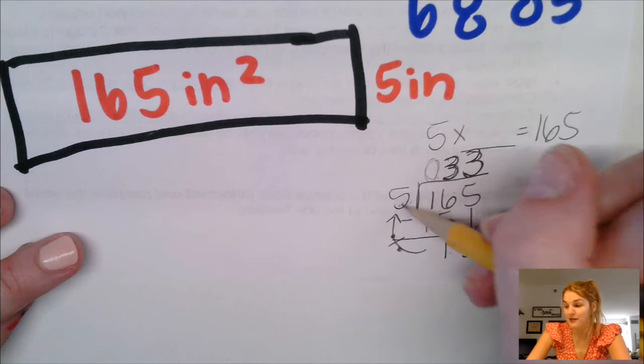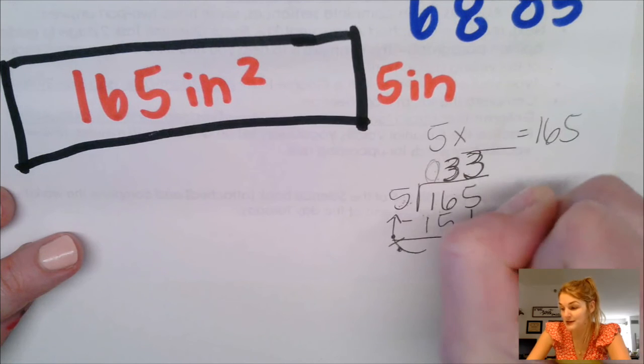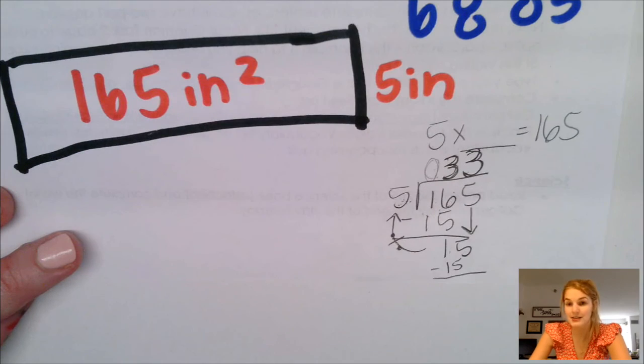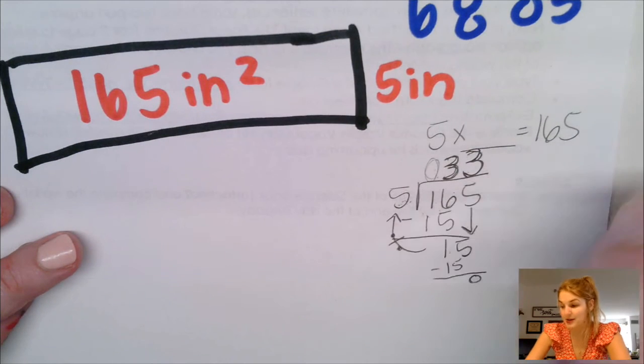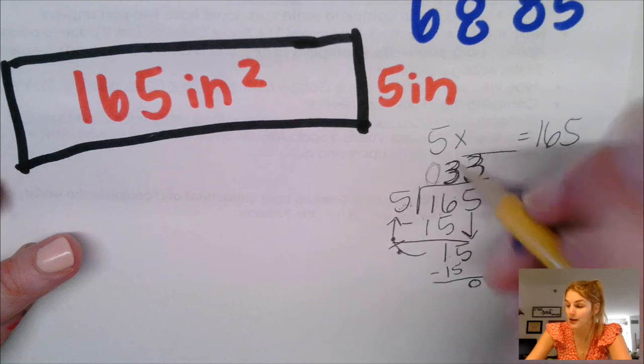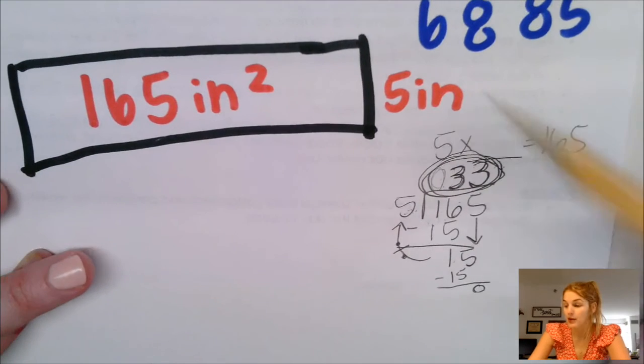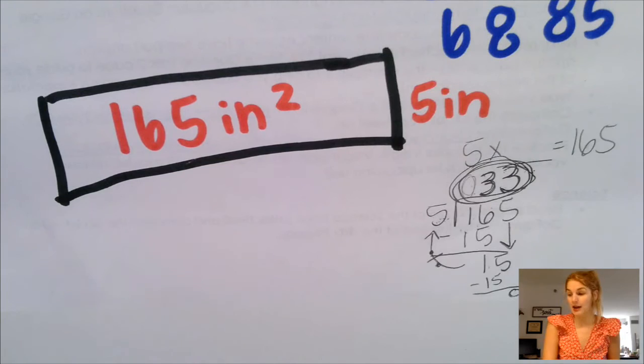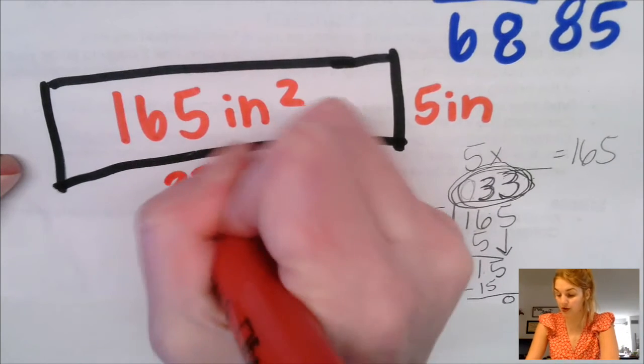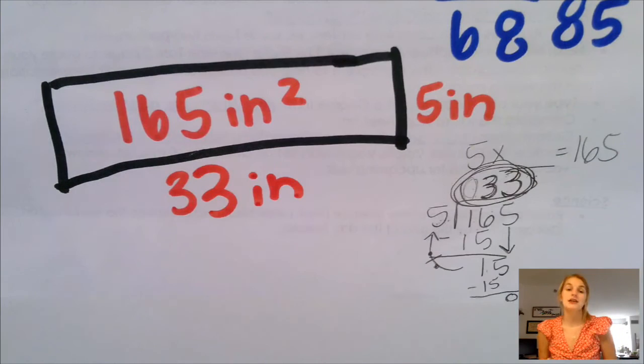Multiply. 5 times 3 is 15. Subtract. 0. And we have no remainder. So remember, our answer is going to be right here at the top. So 5 times 33, we're working in inches, that is going to be our missing length.